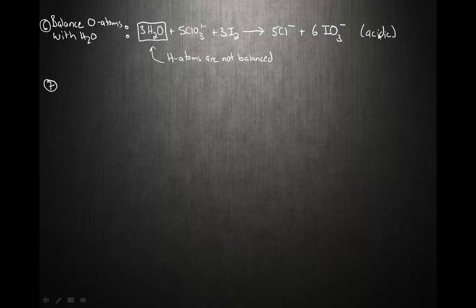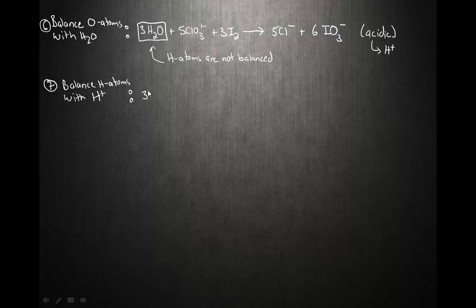What this means is that for something to be acidic, it means that I've got H pluses floating around, which I haven't accounted for in what I've done so far. So what I'm going to do now is balance the H atoms with H plus. So I'm going to rewrite the equation. You'll see that I'm going to have to add 6 H pluses to the product side.